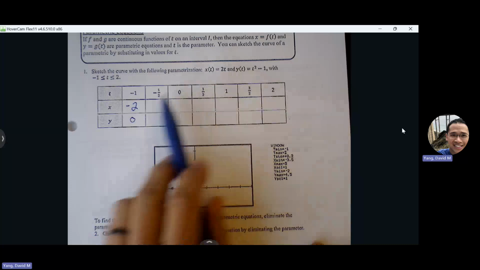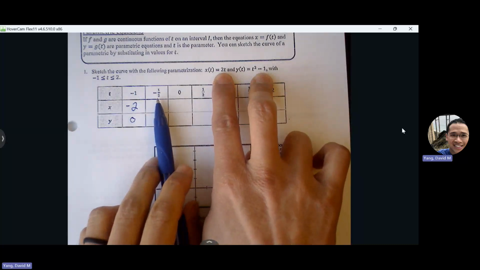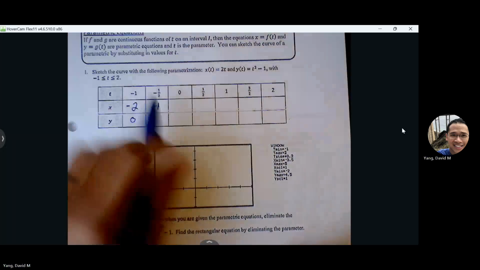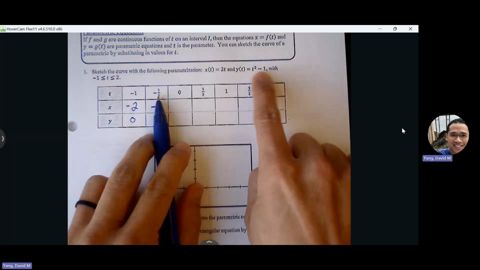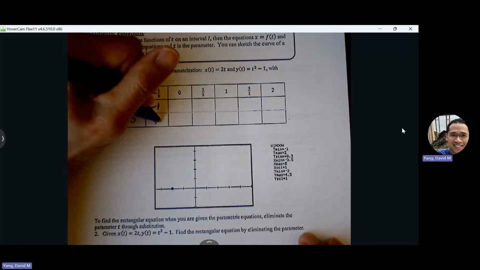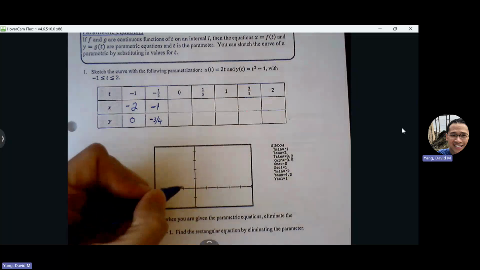All right, next up, -1/2 in for t to solve for x and y. So -1/2 in for t, 2 times -1/2 is -1. -1/2 squared minus 1, that's 1/4 minus 1, which is -3/4. So we're going to try our best here just to estimate. -1, -3/4.